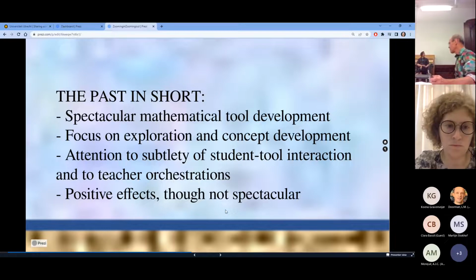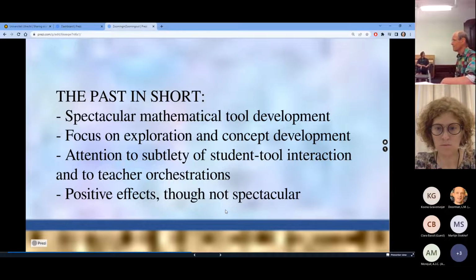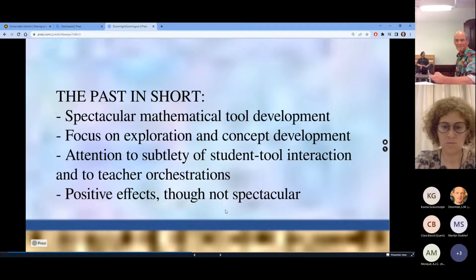And then this instrumentation story highlighted that there's no such clear distinction between techniques of using a tool and mathematical knowledge by the students. And also that the teacher role does matter a lot. And there were some positive effect sizes, even if you can relativate them as well. So this was the last 30 years in 30 minutes.